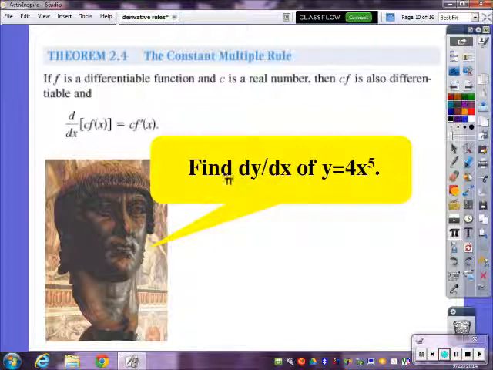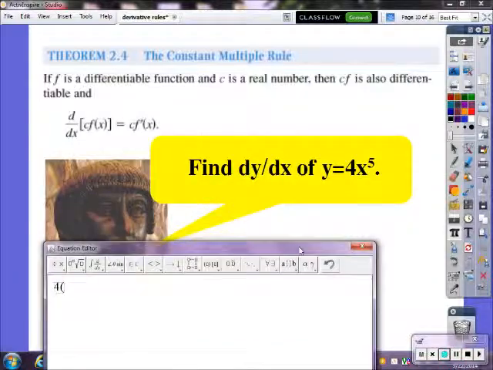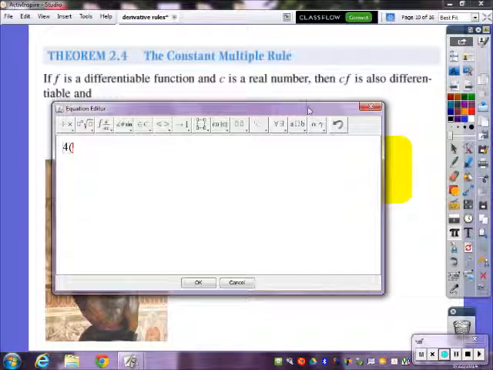So in other words, if I work out this one, find dy over dx, or the derivative of y with respect to x, of y equals 4x to the fifth. According to this, I can take the derivative of x to the fifth and then just multiply it by 4. So take that 4 and then multiply by the derivative, which would be 5x to the fourth.